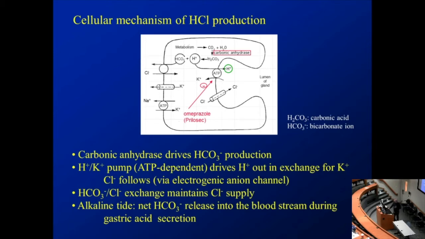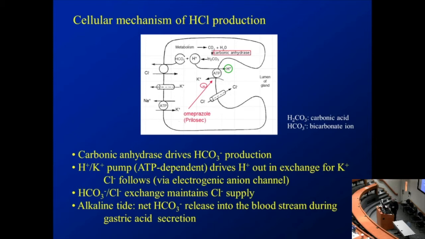Now, this reaction would happen spontaneously. It's at equilibrium. But by having this enzyme, you can massively accelerate this reaction and therefore increase the rate of proton generation. So carbonic acid is at equilibrium with bicarbonate ion and protons.